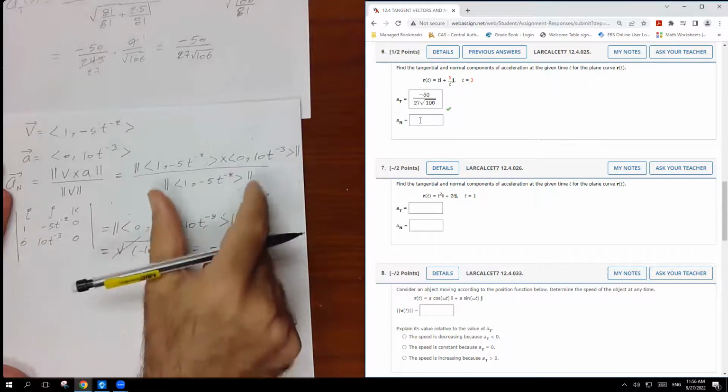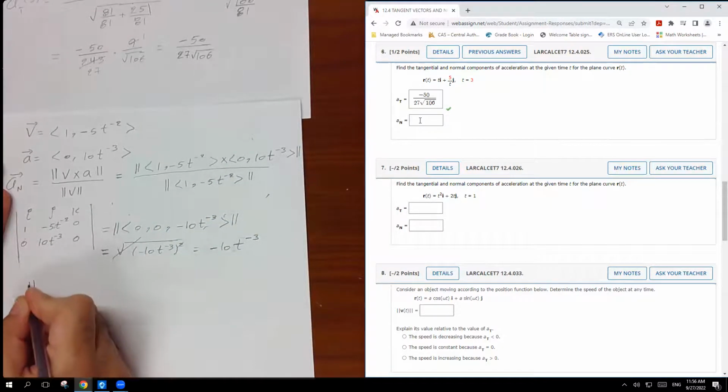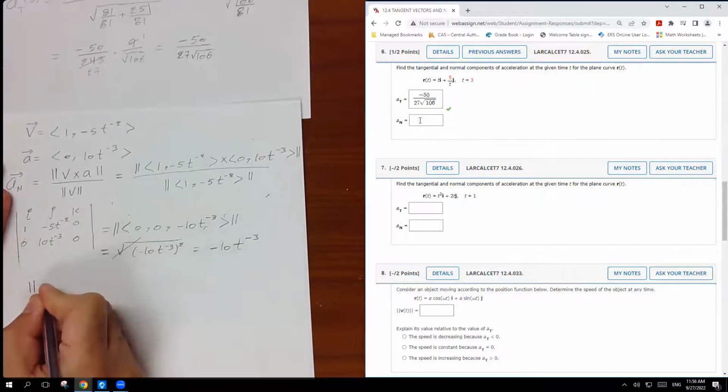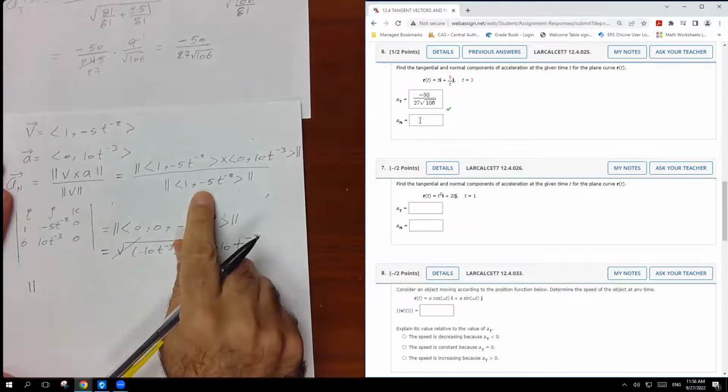For the bottom part, the length of V, we can just find the length right away. We already found the length for this one before.